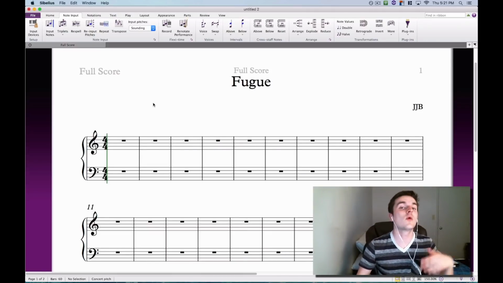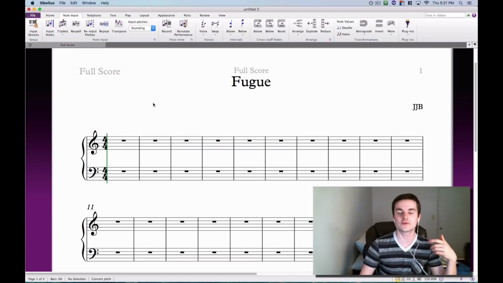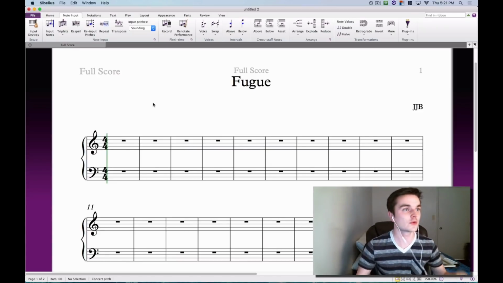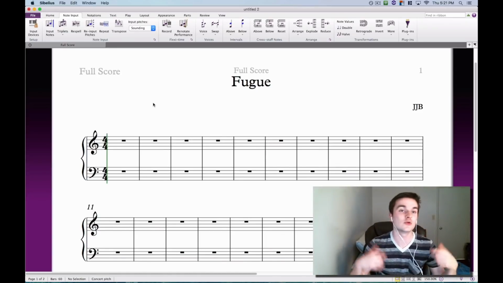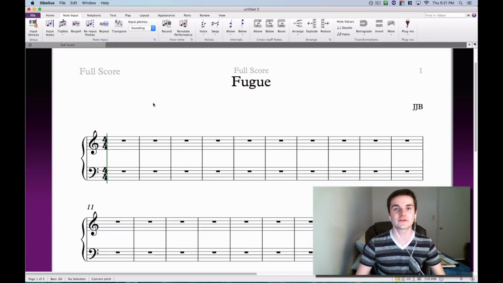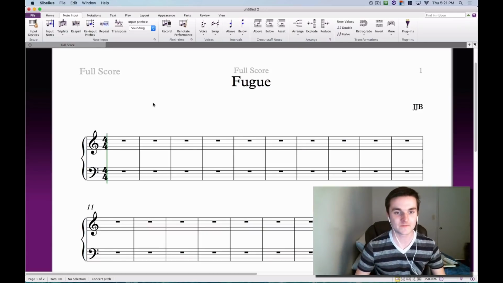But at the same time, I want you to be aware of terms like tonal answer or real answer. So if you were to read a book on the subject, or attend a college course, or discuss fugue with another well-educated composer, you at least have some sense of the nomenclature and terminology so that you can communicate with them on that basis, okay?